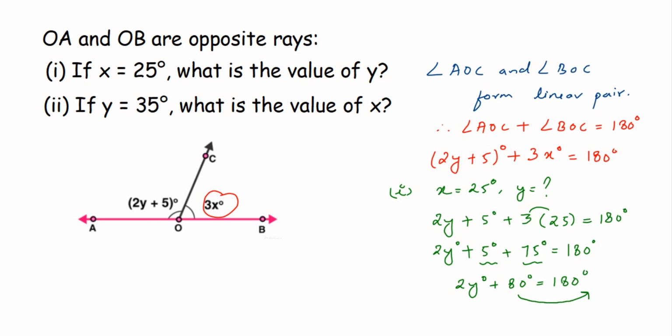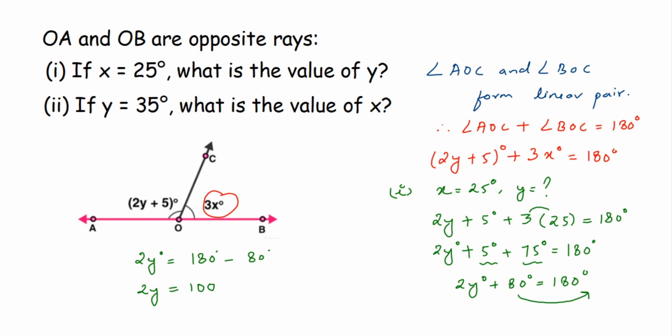I'll keep 2y here and transpose 80 to the right side. When you transpose, the sign changes: plus changes to minus. You get 2y equals 180 minus 80, which is 100. So 2y is equal to 100.